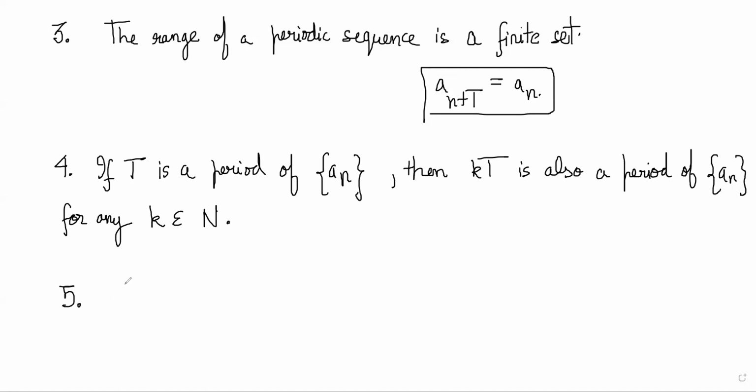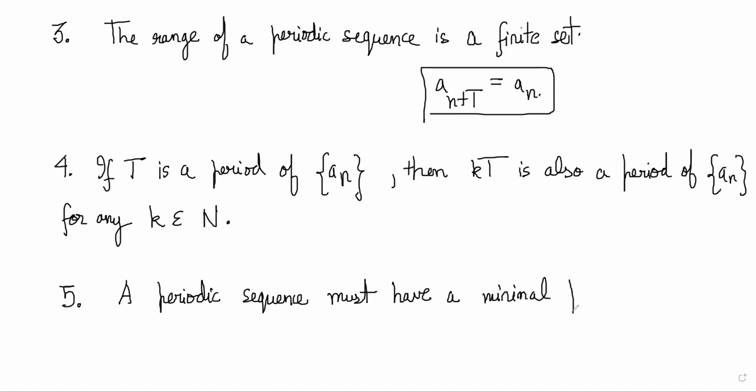Another property: a periodic sequence must have a minimal period. There is some smallest possible value of t, which is called the fundamental period or minimal period of the sequence. Less than that, you will not see the periodicity show up. Another property related to these is this one.